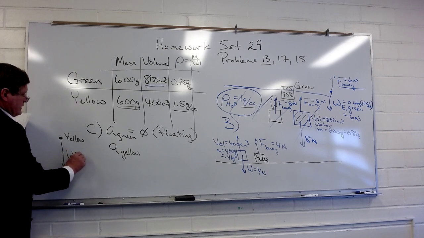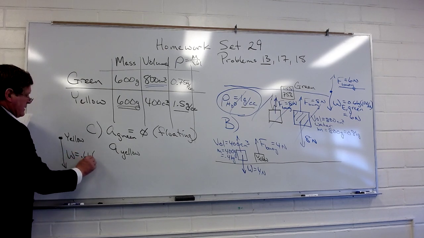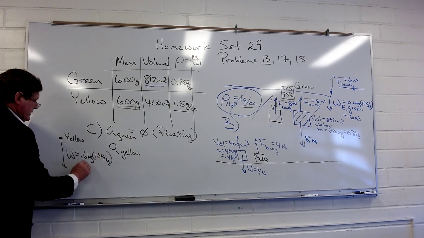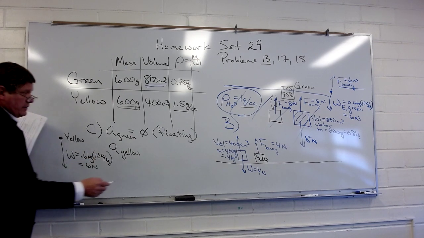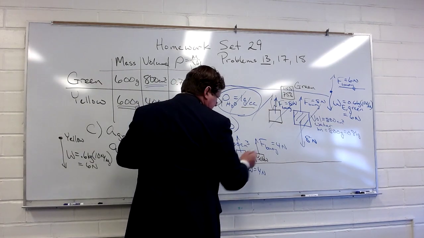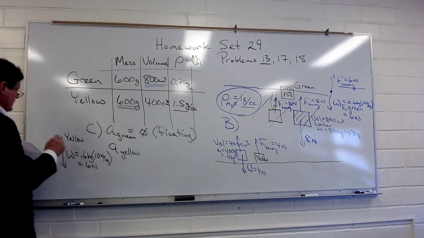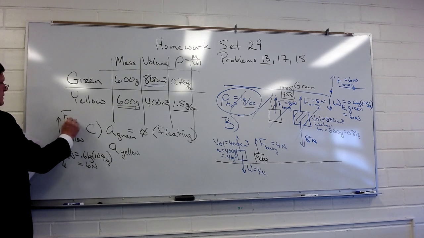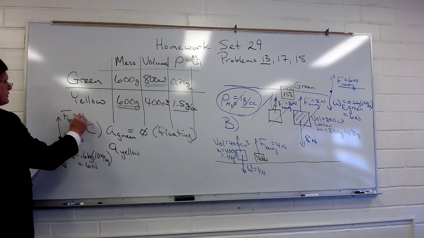Well, that's going to be 0.6 kilograms times 10 newtons for each kilogram, or 6 newtons. We just said that the buoyant force on this yellow object when it's fully submerged was 4 newtons.